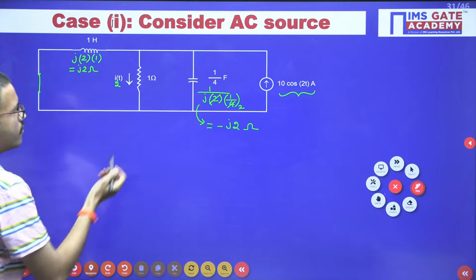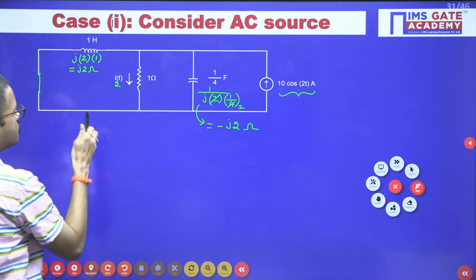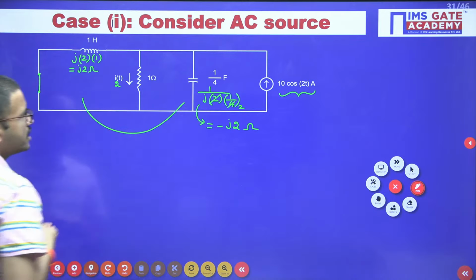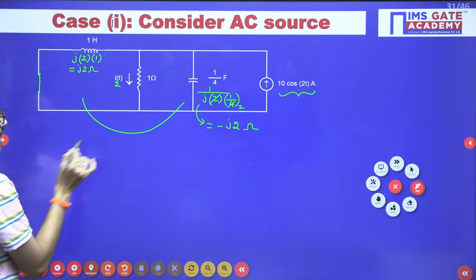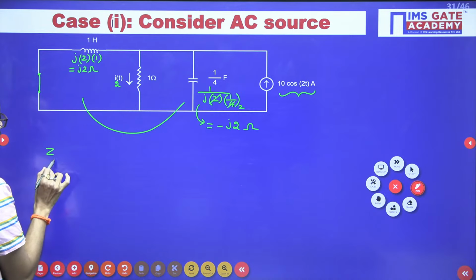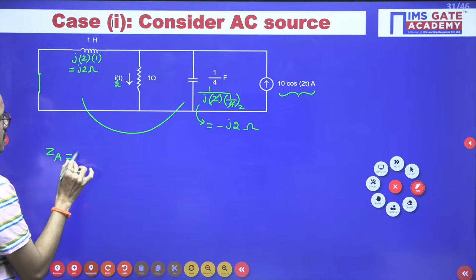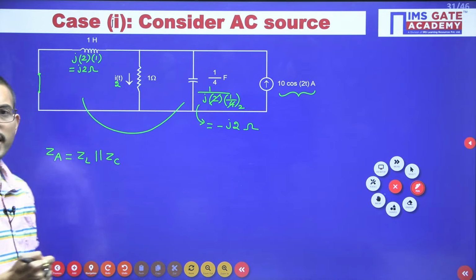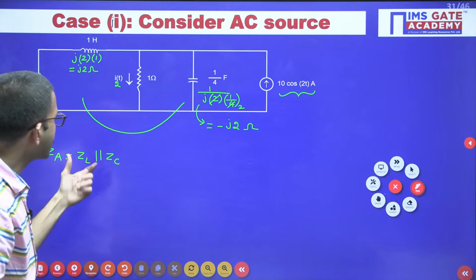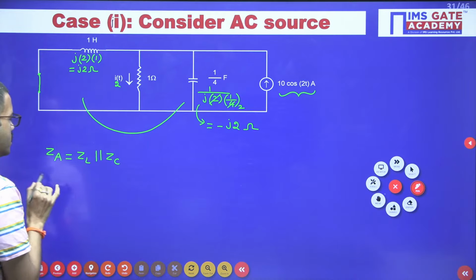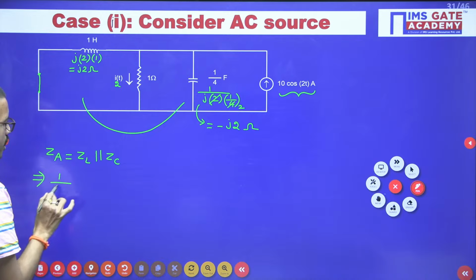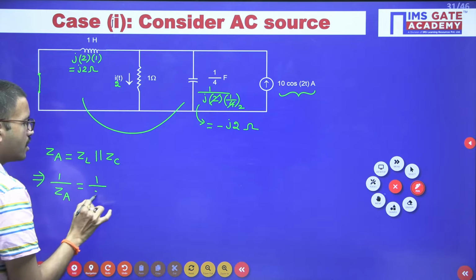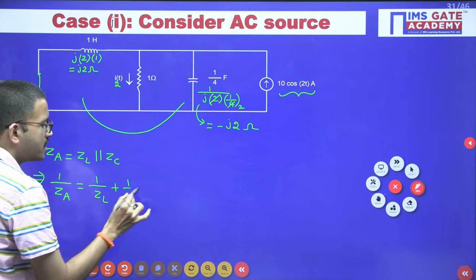So first of all, regarding the inductor and capacitor, I am making the equivalent. That impedance I am labeling as ZA, which is nothing but ZL in parallel to ZC. First let us calculate this value. In order to do the simplification, we can use this formula: 1 by Z equivalent is 1 by ZL plus 1 by ZC.